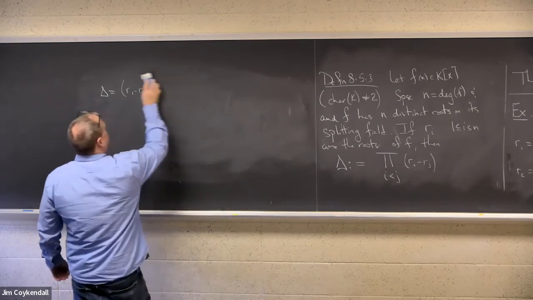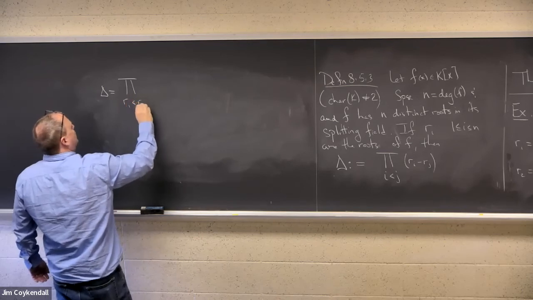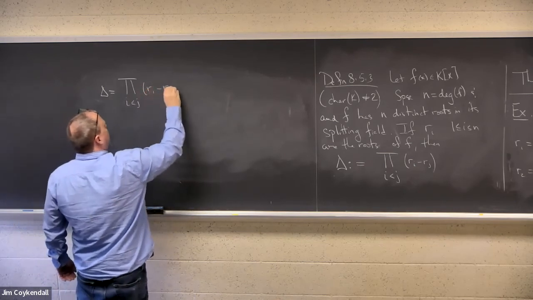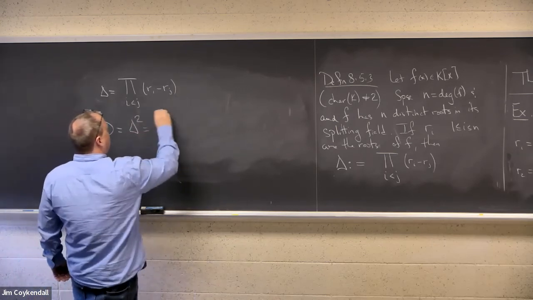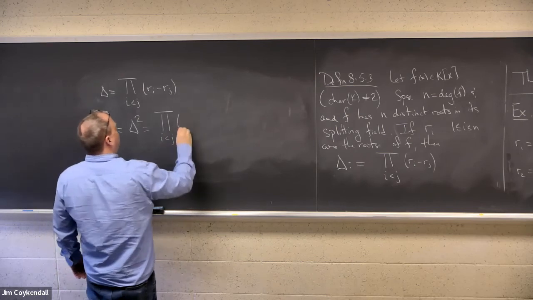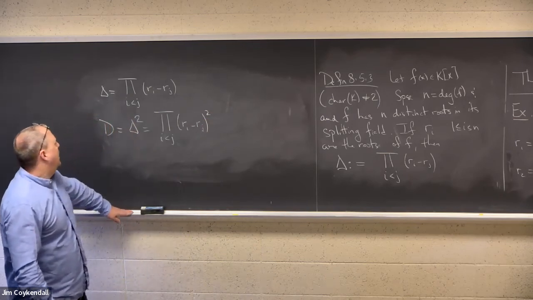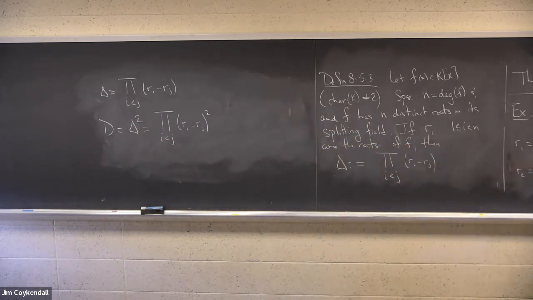Can somebody explain why D, the square of delta, if you will, must be an element in K? Notice it worked out this way, didn't it? Because the discriminant in the quadratic case is a quotient of these two rational numbers, so it's still a rational number.